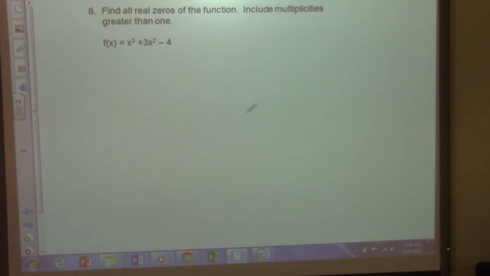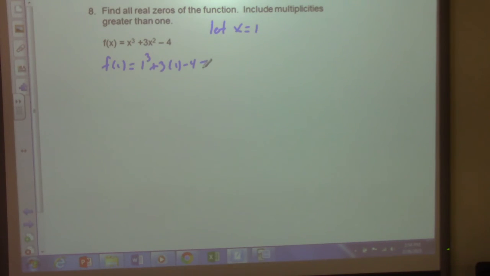The way it works out is this: if you plug in a number 1, you say let x equal 1, then f of 1 is equal to 1 cubed plus 3 times 1 minus 4. So what's 1 plus 3 minus 4?